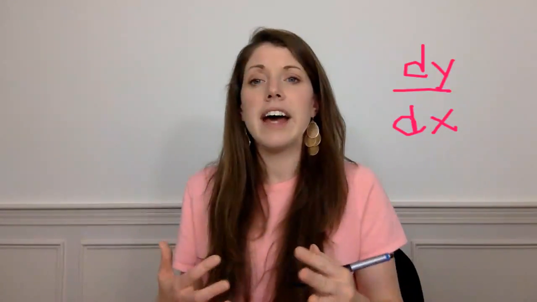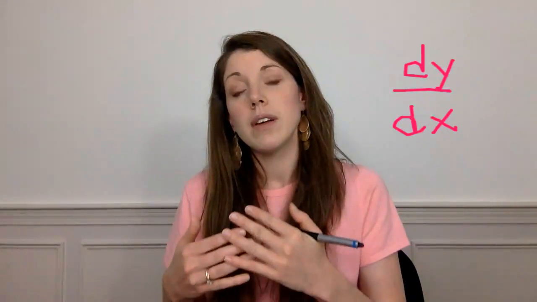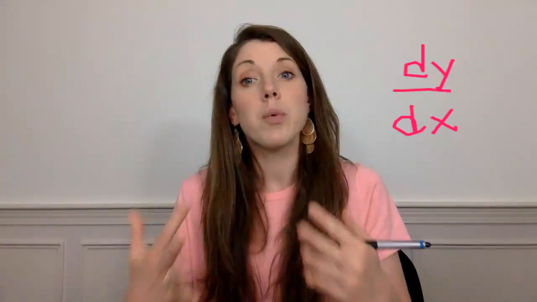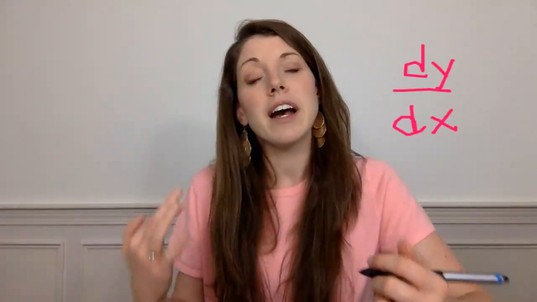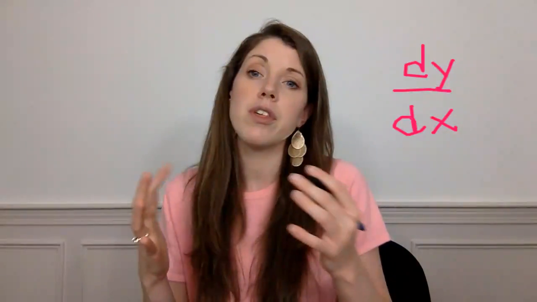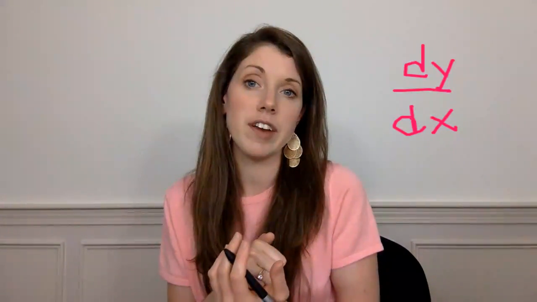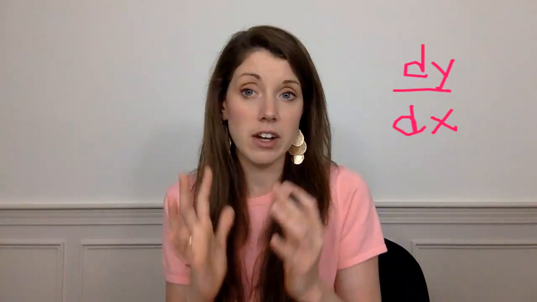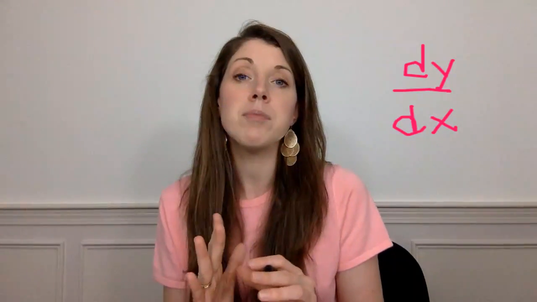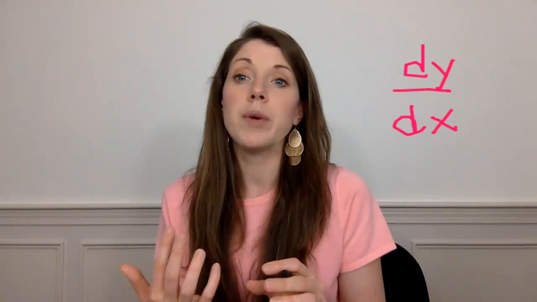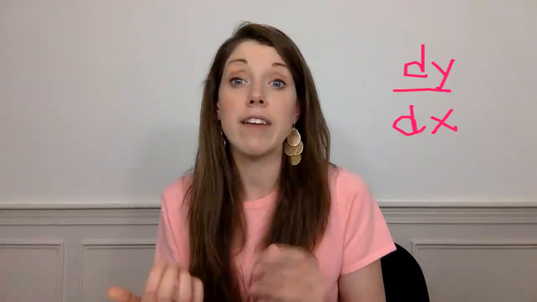Well, the reason that this is such a valuable symbolic way of defining a derivative is because it shows us both the output and the input variable that we are concentrating on. And that becomes really important, say if we are dealing with functions that have a lot of variables.